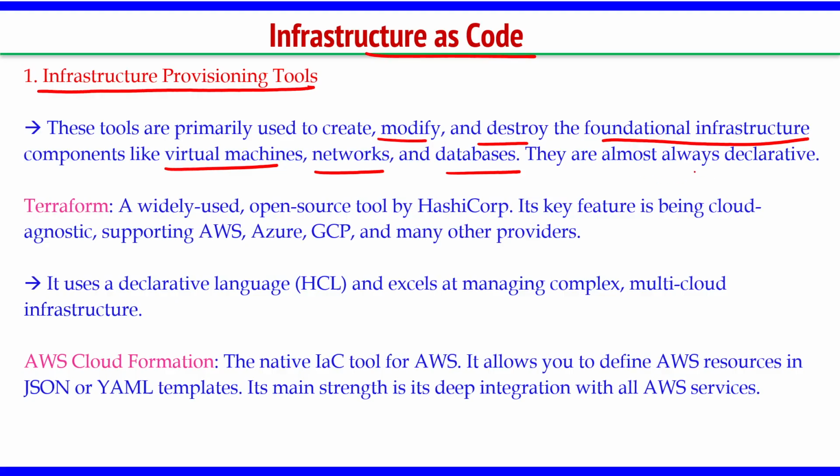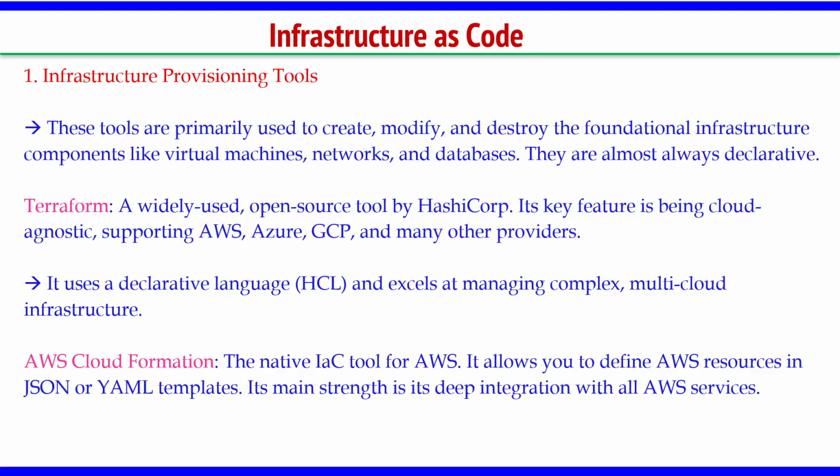See, they are almost always declarative. We saw two approaches: declarative approach, imperative approach. So these infrastructure provisioning tools are declarative in nature. They help us in creating, modifying and destroying the foundational infrastructure. Something like virtual machine, database, network, all that can be created and deleted using these tools, right?